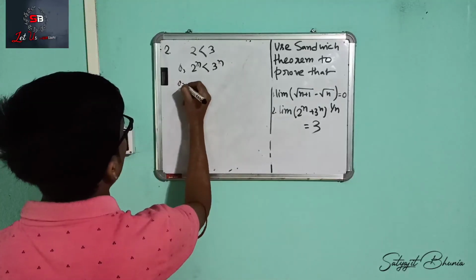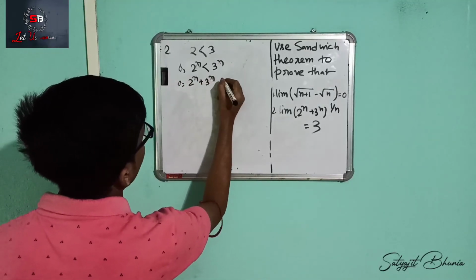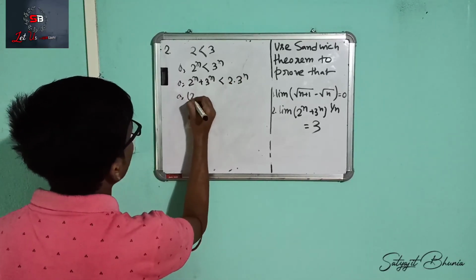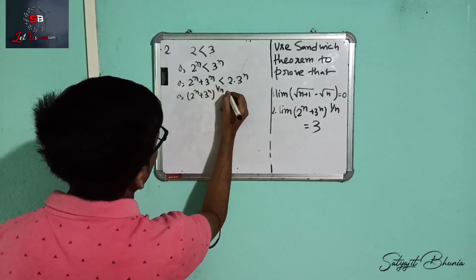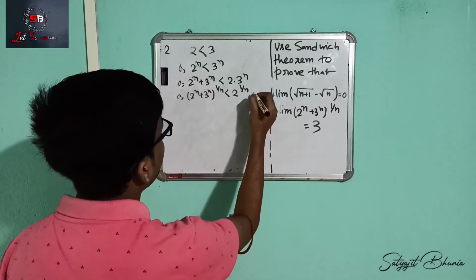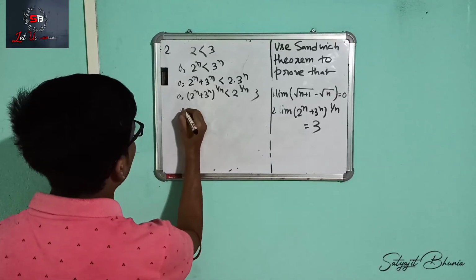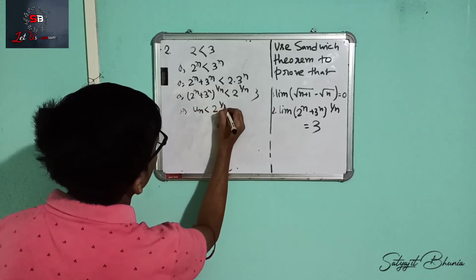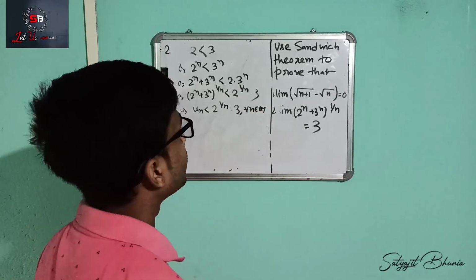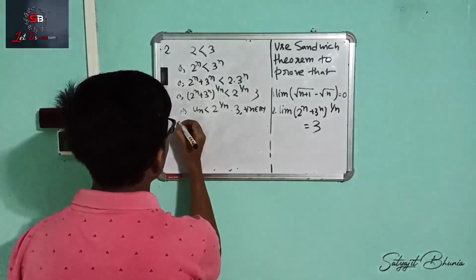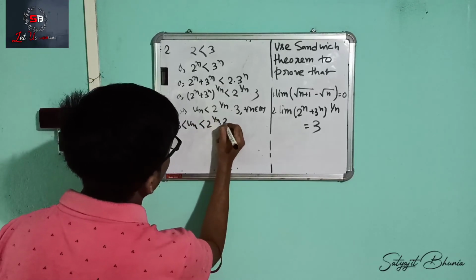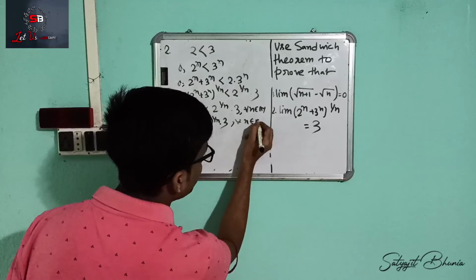Okay, or 2 to the power n plus 3 to the power n is less than 2 into 3 to the power n, or (2 to the power n plus 3 to the power n) whole to the power 1 by n is less than 2 to the power 1 by n into 3, or un is less than 2 to the power 1 by n into 3 for all n belongs to capital N. Okay, so we have 3 less than un less than 2 to the power 1 by n into 3 for all n belongs to capital N.